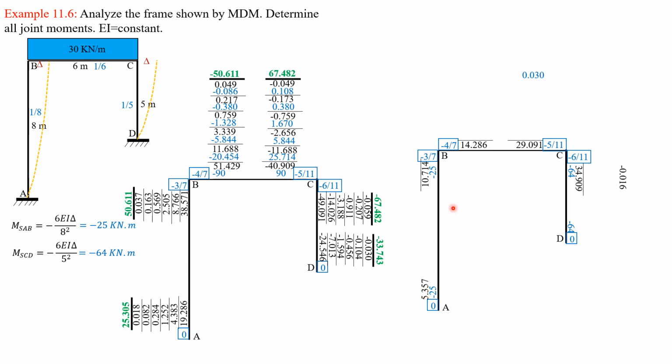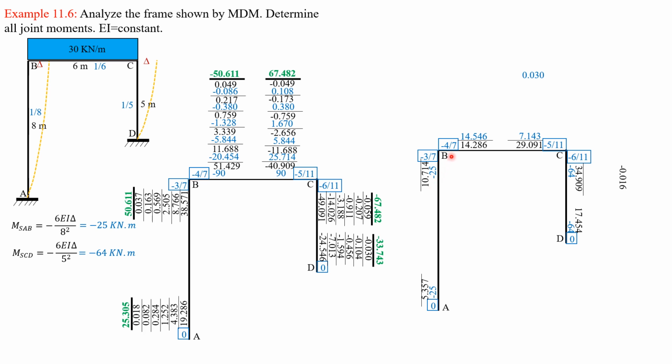So we have negative 25 here, negative 25, and negative 64, negative 64. It's useless to distribute the moment here because the distribution factor is 0 at A and D. So we begin at joints B and C. Negative 25 times negative 3 over 7 is 10.714.